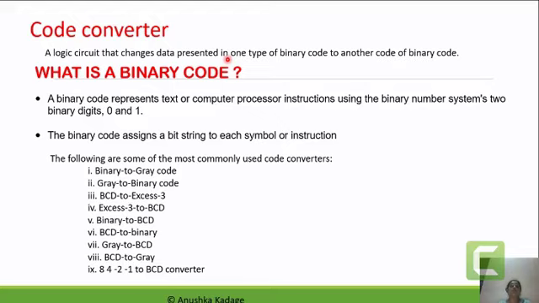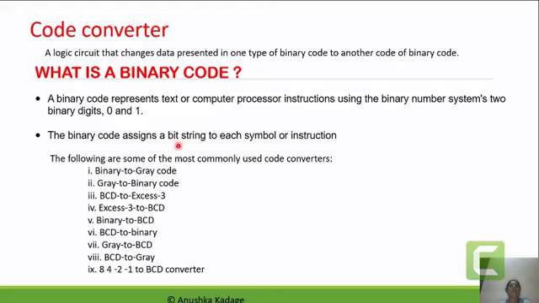But now the question comes to mind, what is this binary code? Binary code is nothing but the representation of text or computer processor instructions by using the binary number system's digits of 0 and 1. So either a computer instruction or text, we are going to represent in the form of zeros and ones, or groups of zeros and ones.